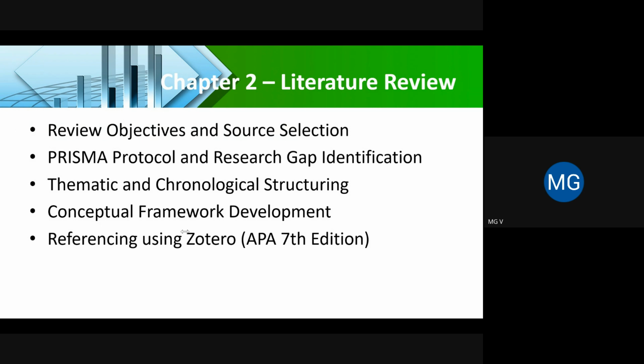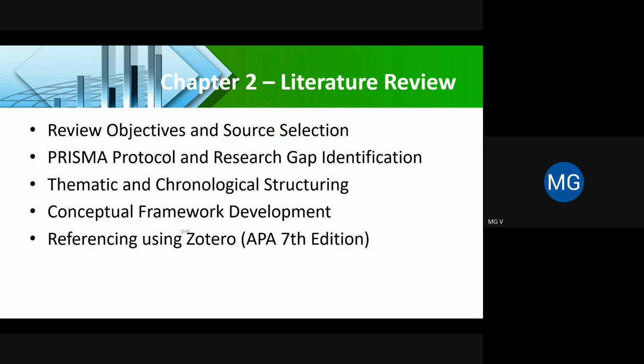Begin with specific review objectives that align with the research problem that we have already done in the previous chapter. But as we all know, chapters cannot be independent. So a link must be established between chapters 1 and 2 using objectives and research problem.